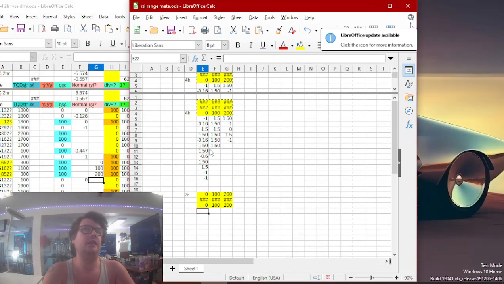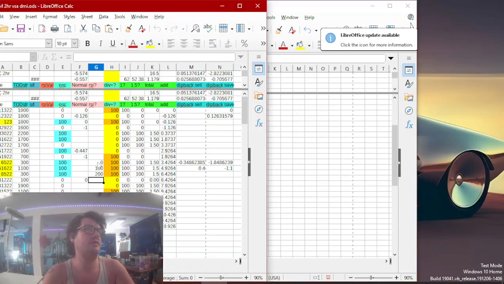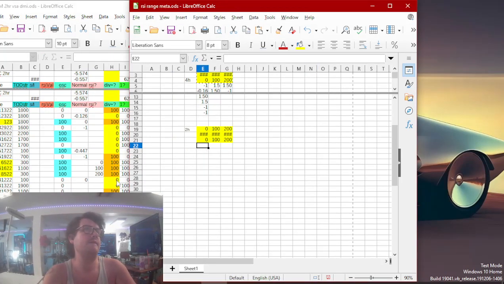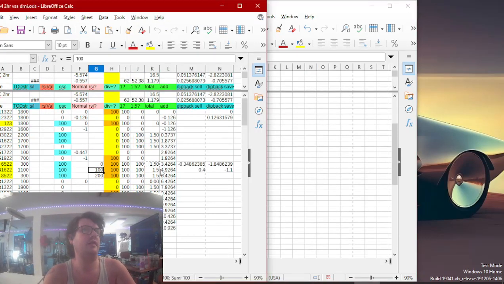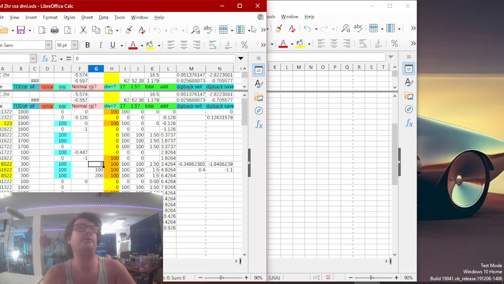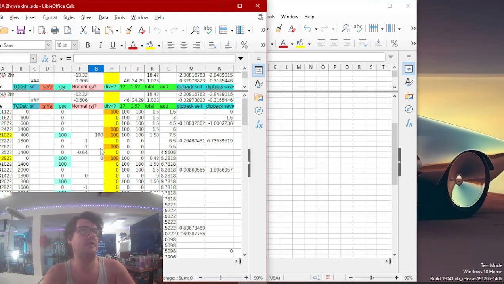Alright. Scroll this up here. So 0, that's 1.5. That's a 1.5, and so is the 200. And we couldn't figure out what that one was. So let's see if the pattern holds.